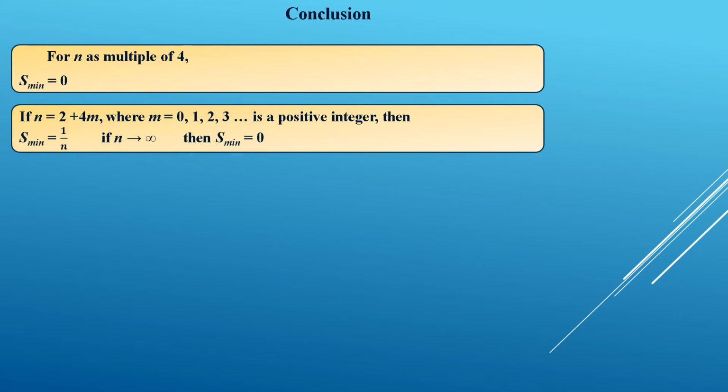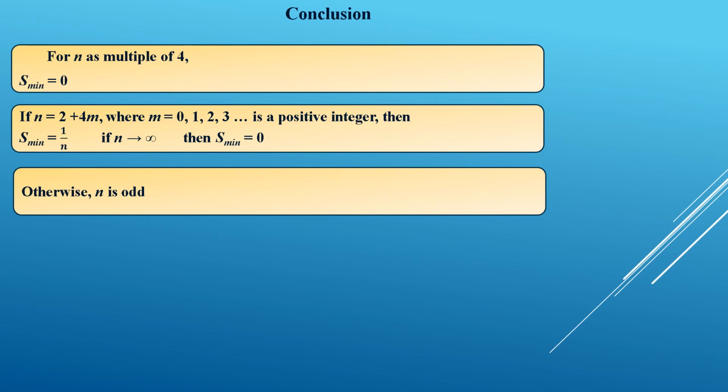The second case, which is still an even number, is 2 plus 4m, where m is 0, 1, 2, 3, and so on. Then S min is equal to 1 over n. If you remember, this was D, the common difference in the arithmetic series. But if n approaches infinity, then again S min will approach and become 0.